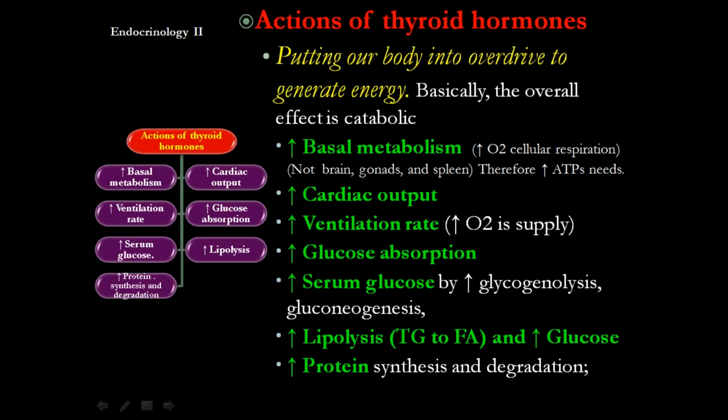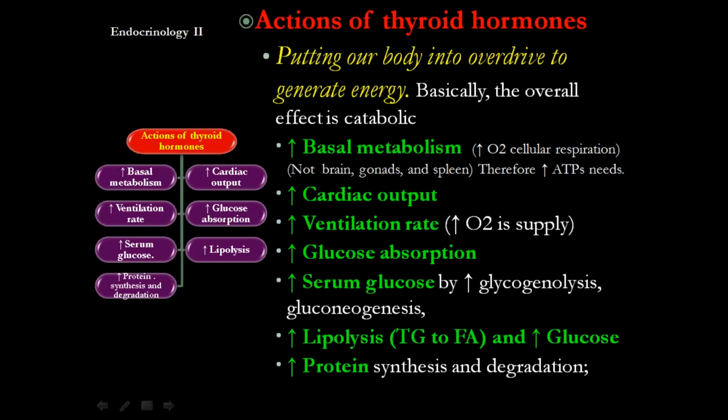Lipolysis is going to be increased with the T3 and T4. So before, if we remember, like a couple decades ago, they were using thyroid hormones to make a regimen to lose weight. That was even OTC. Then they took it out because it can have serious side effects. So lipolysis takes the triglycerides into fatty acids.